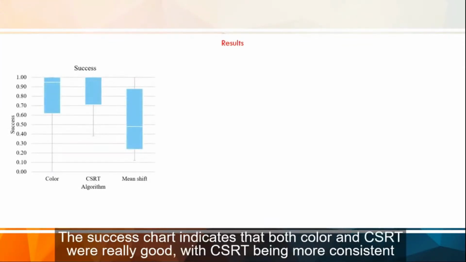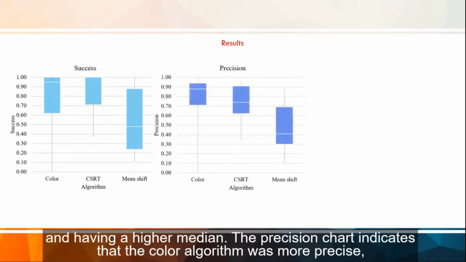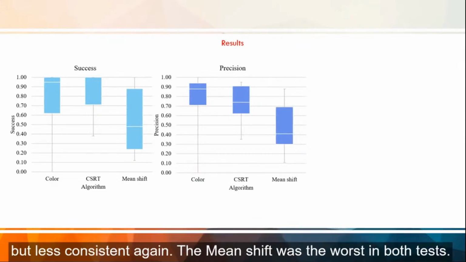This success chart indicates that both color and CSRT were really good, with CSRT being more consistent and having a higher median. The precision chart indicates that the color algorithm was more precise, but less consistent again.